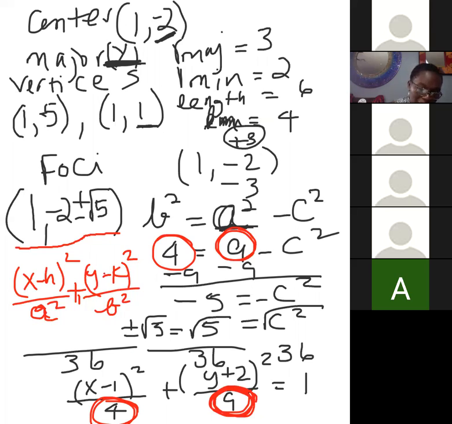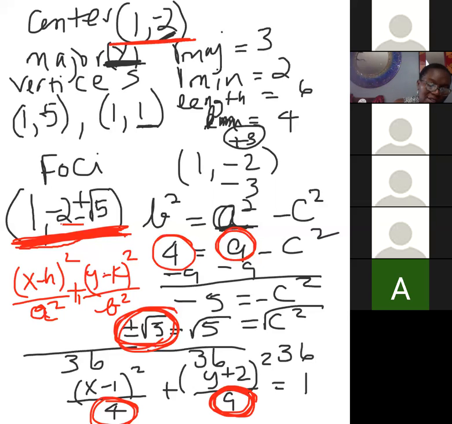Okay, so Presley, we calculated c. This represents c down here. So we took that in order to come up with the coordinates of the foci. Remember, the foci are on the major axis of the center. So we are adjusting the center coordinate, just the y value of the center, to accommodate the location of the foci. 1, -2 is the center.